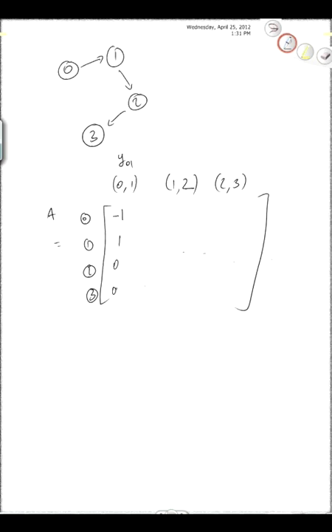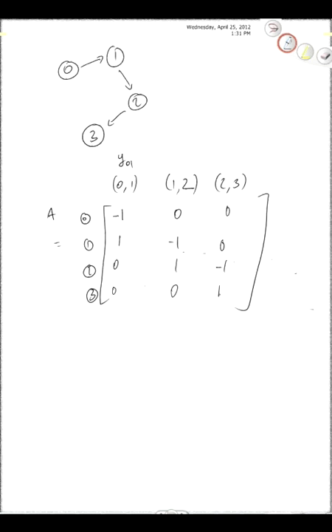And this variable isn't going to show up in these other two constraints. For the next column, it doesn't show up in the constraint for node 0. It shows up with a -1 coefficient in the constraint for node 1, a 1 coefficient in the constraint for node 2, and a 0 for 3. And the last one here is just 0, 0, -1 for leaving node 2, and 1 for entering node 3.